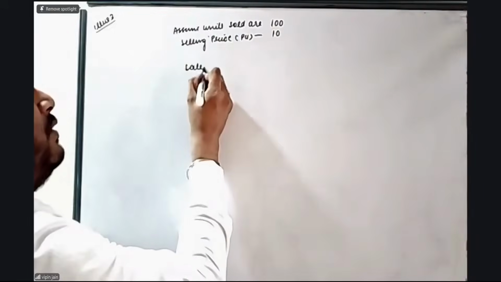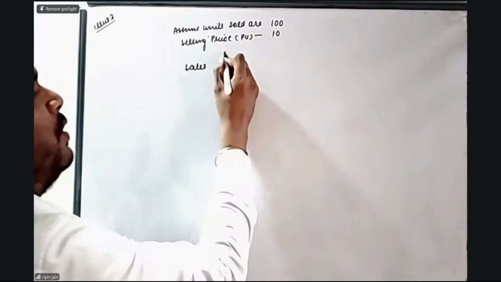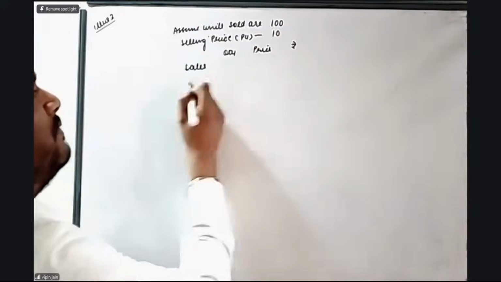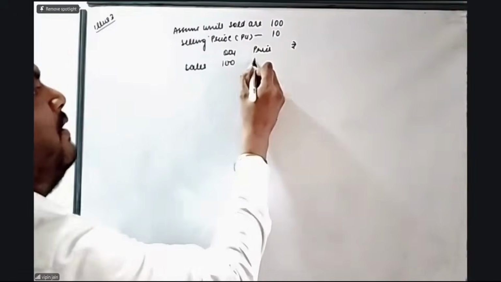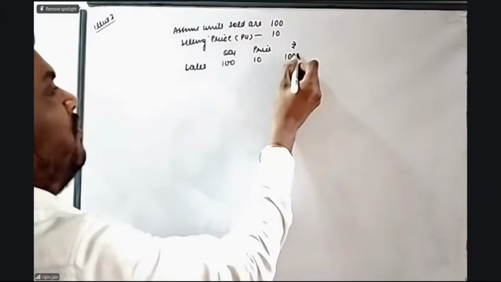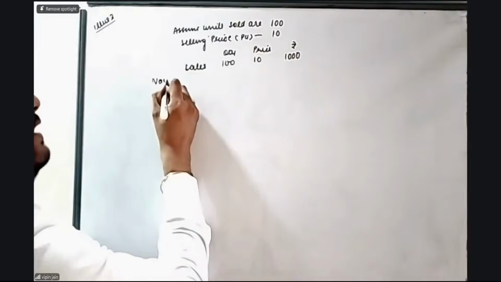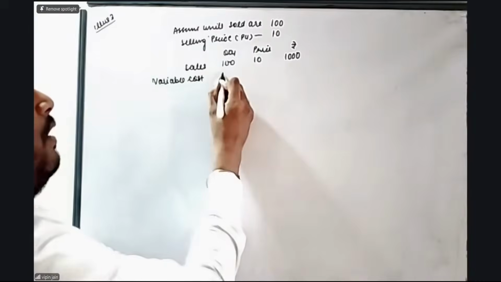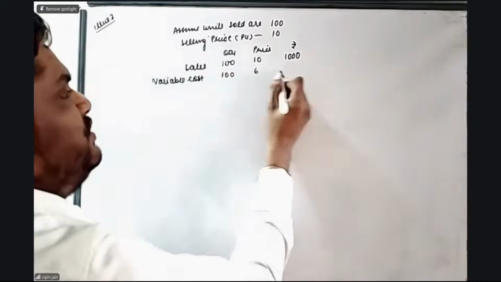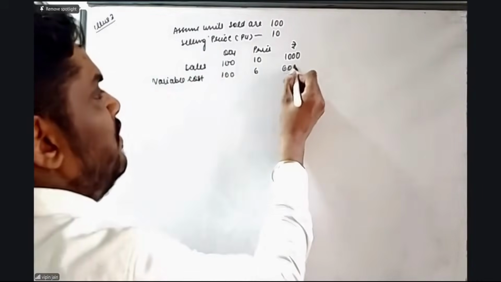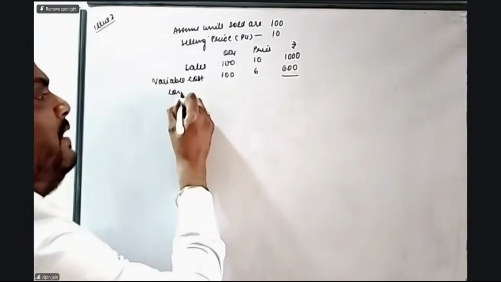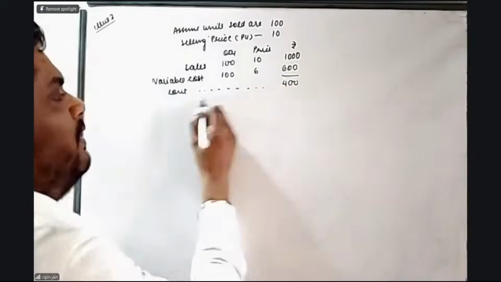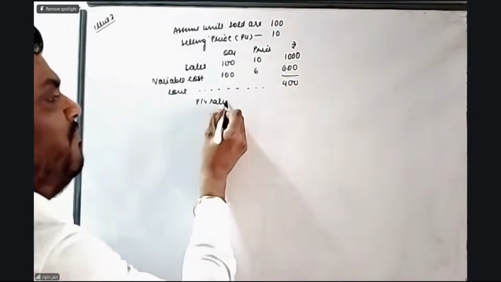So what will be my total sales: quantity, price and amount? 100, 10, 1000. What will be my variable cost? 600. Since the PV ratio is 40%, my contribution will be 400. And my PV ratio is how much? 40%.